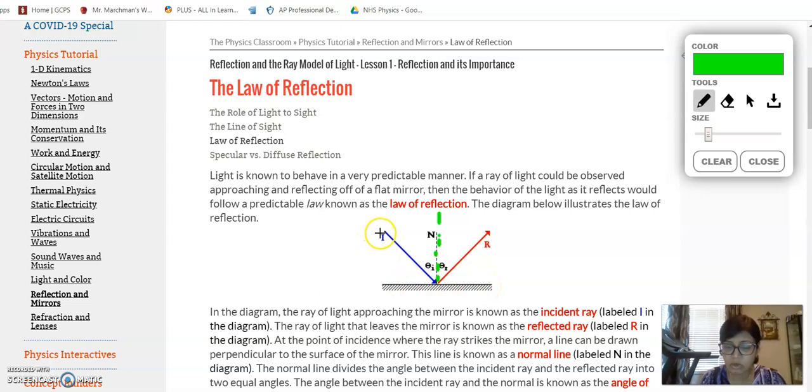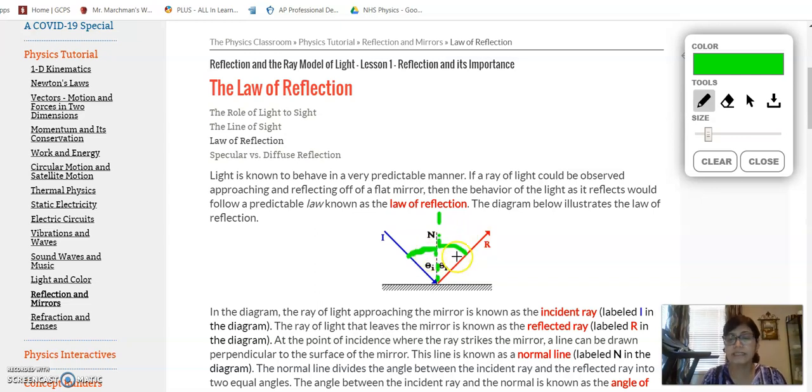Normal means perpendicular. Not normal as opposed to abnormal, but normal is the term in physics used for a perpendicular line. When light or any wave falls on a surface, the angle between the normal and the incident ray is known as the angle of incidence. We use theta for angle, so theta I would be the angle of incidence. When it bounces back, the angle between the reflected ray and the normal is the angle of reflection.